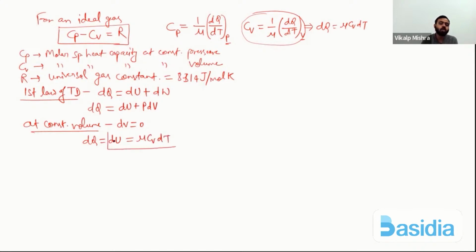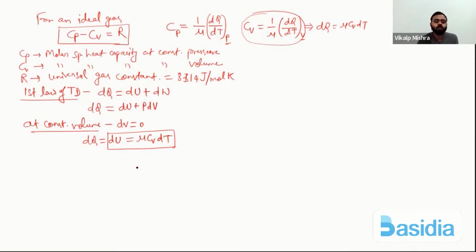We got a formula for the change in internal energy. It depends only on the change in temperature. Already, when we discussed internal energy, I told you internal energy depends on temperature.